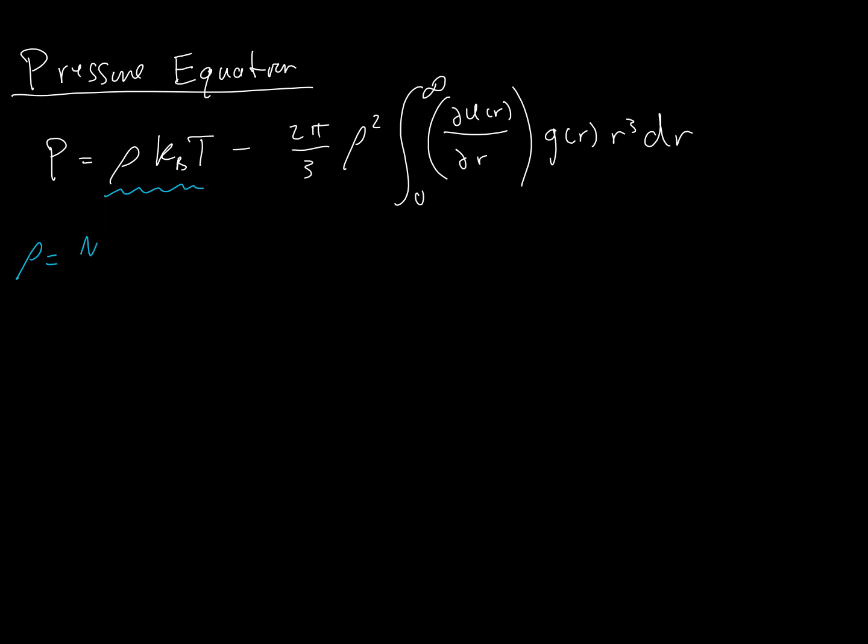Rho, the density, is the number of particles divided by the system volume. So if we have an ideal gas, in which case this second term is equal to 0, because u(r) is equal to 0 for an ideal gas, we'll just get the equation P equals rho kBT, which is equal to N kBT over V, which is exactly the ideal gas law.